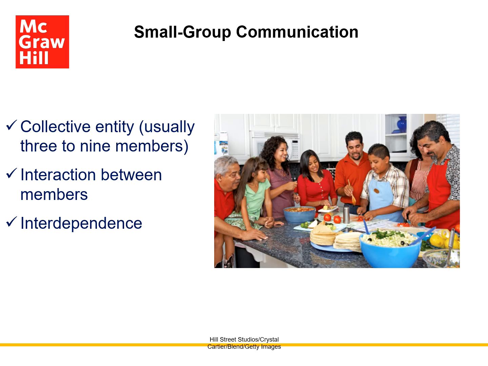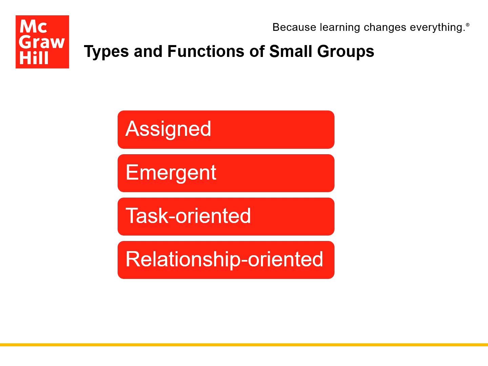So there are collective entities, and that's usually 3 to 9. That's a group. Then there's interaction between members, and then there's interdependence, meaning that if you're in a group in a class, the group is depending on each other for the grade.